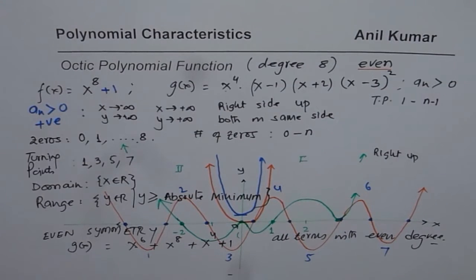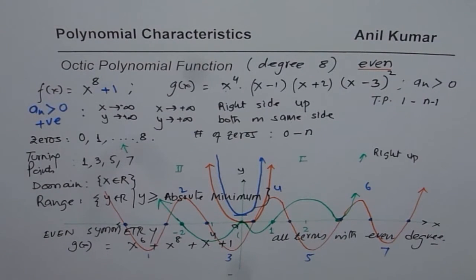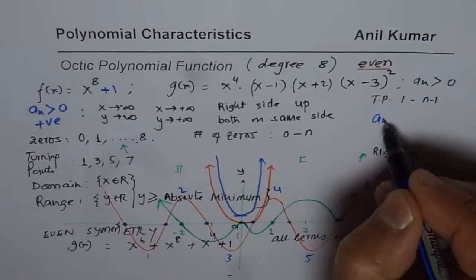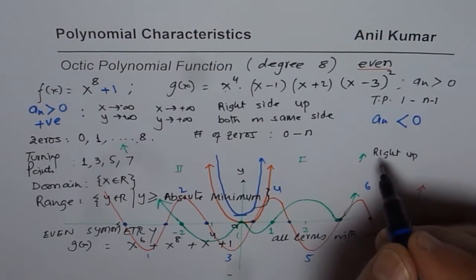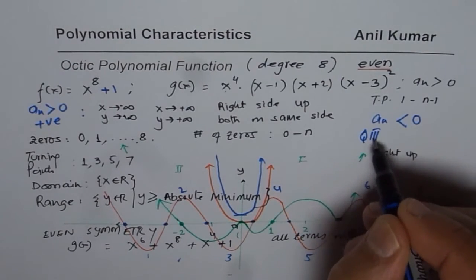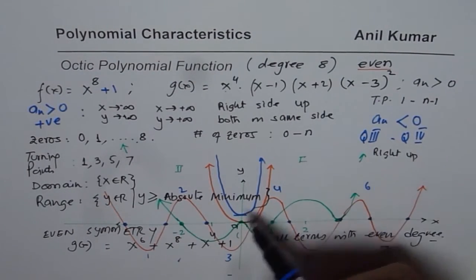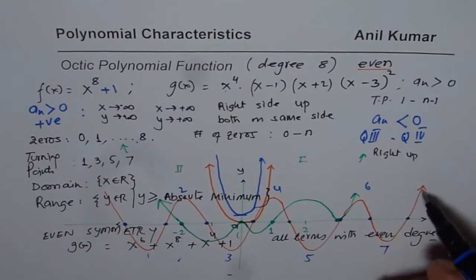Okay, now I've discussed everything about when the polynomial has leading coefficient greater than 0. If a_n, the leading coefficient, is less than 0, that means negative, then it moves from quadrant 3 to 4. Things reverse. It is like reflection on the x-axis. So all these things will reverse.